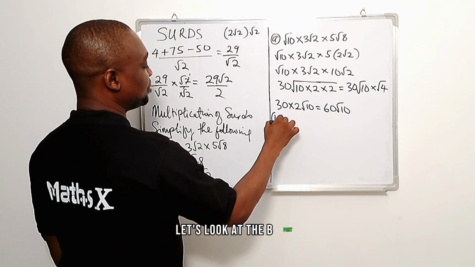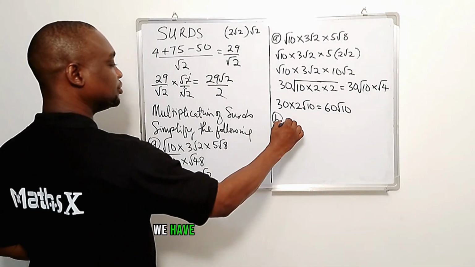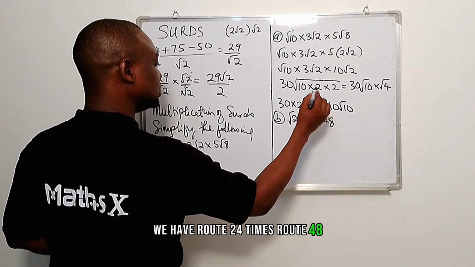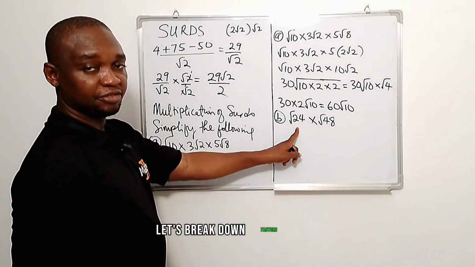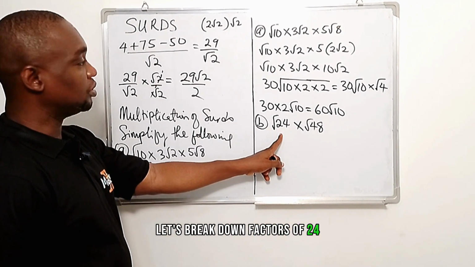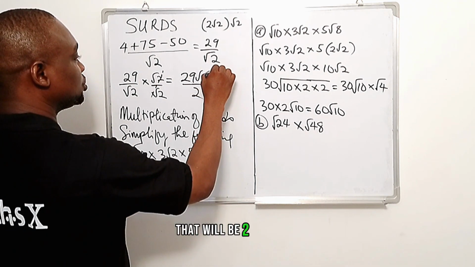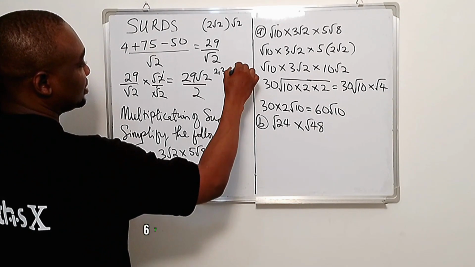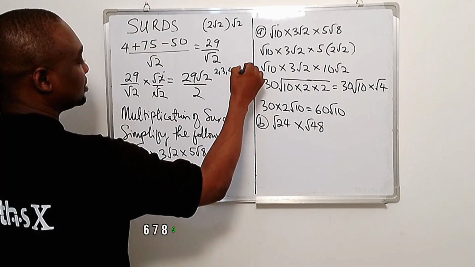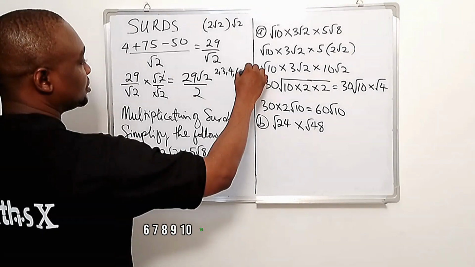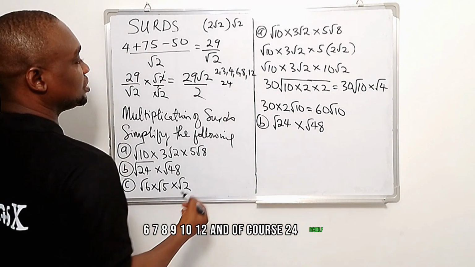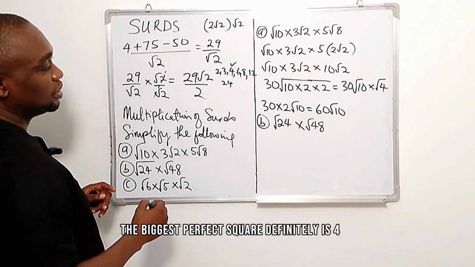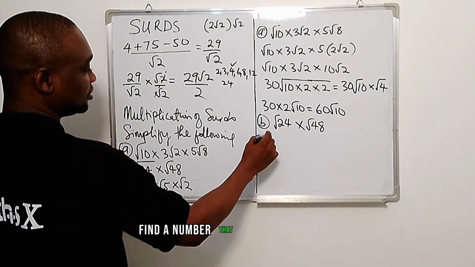Let's look at the B part. We have root 24 times root 48. Let's break down factors of 24. That will be 2, 3, 4, 6, 8, 12, and of course 24 itself. The biggest perfect square definitely is 4. So find a number that will multiply this.